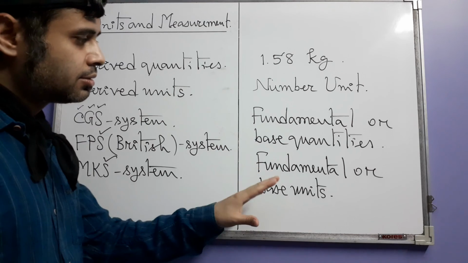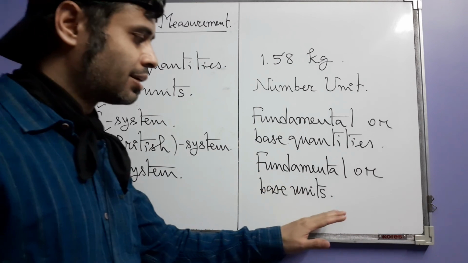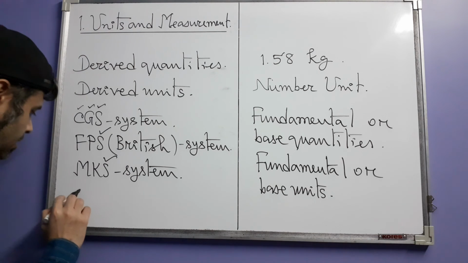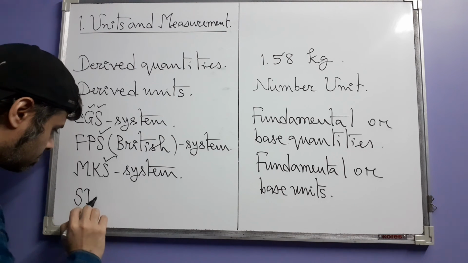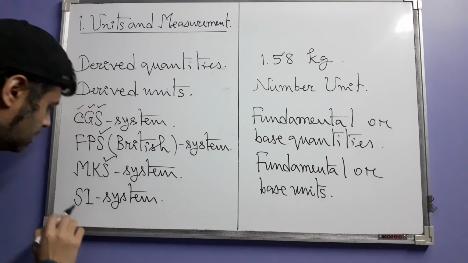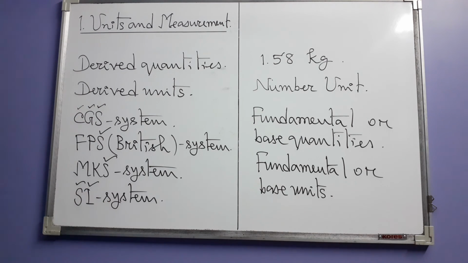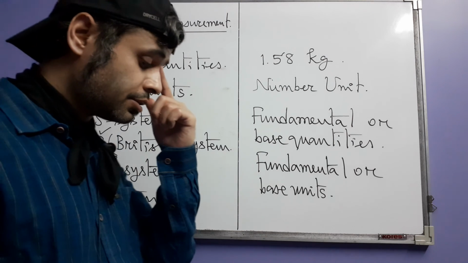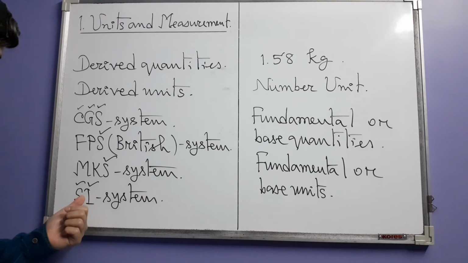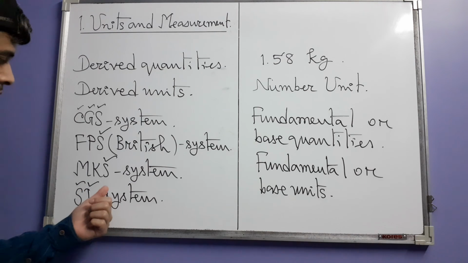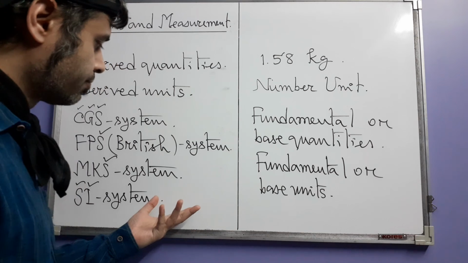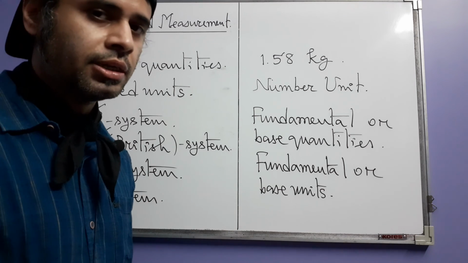So the one system of units which later people adopted throughout the world is the SI system. These initials come from the French Système International d'Unité, or in English, the International System of Units.